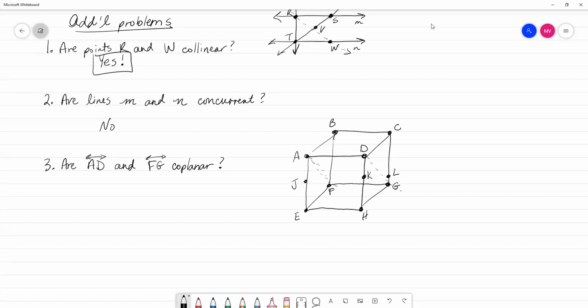Let's pretend there's a slice that has sliced through diagonally across this cube. That is a two-dimensional plane cutting diagonally across that cube. Once you create that plane, because you have the lines AD and FG that exist on that diagonal plane, they are coplanar. So the answer to this is yes.